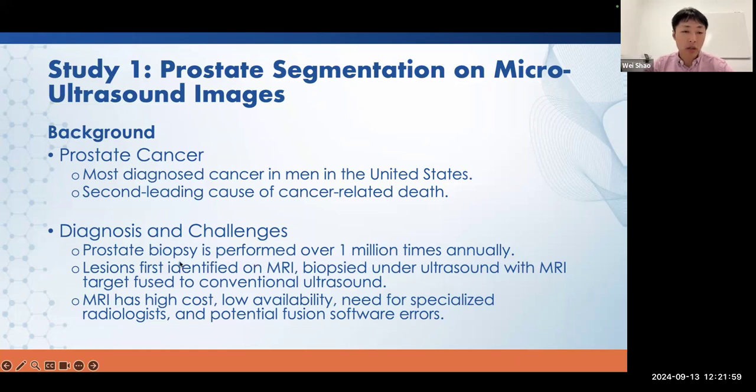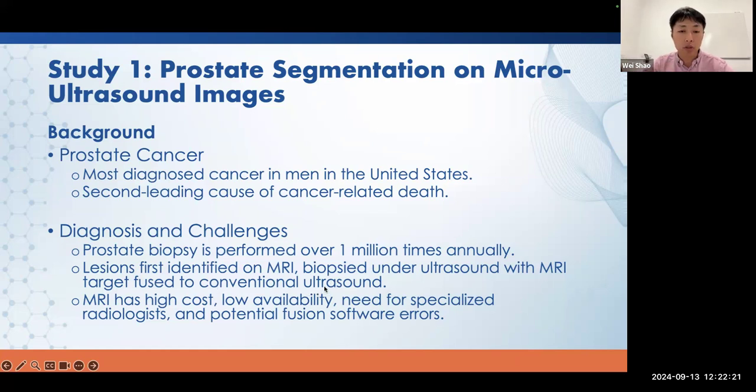A better approach is that we first take an MRI of the prostate of the patient, and then we let the radiologist outline suspicious cancer lesions on the MRI. After that, during the biopsy, we can only do a conventional ultrasound, which cannot distinguish between cancer and non-cancer tissues.